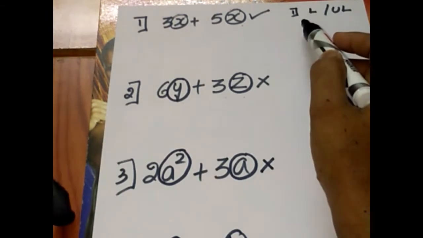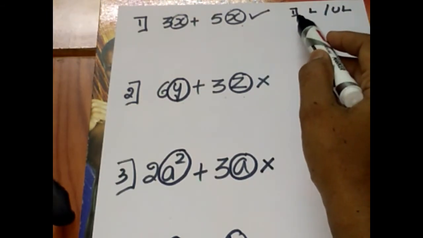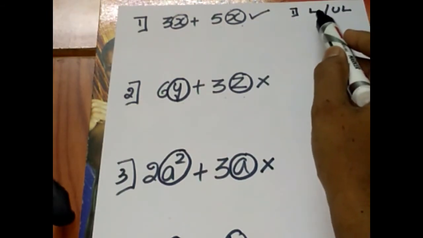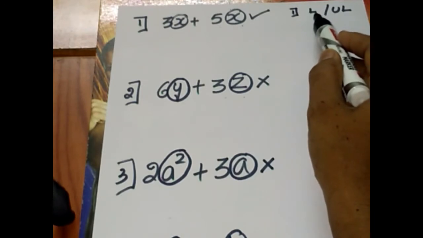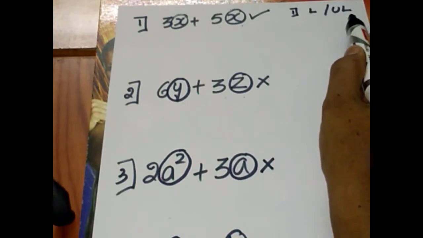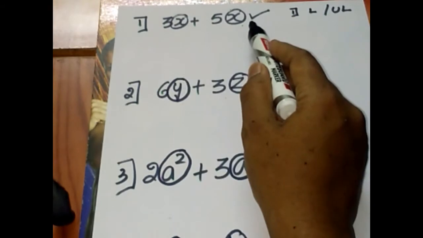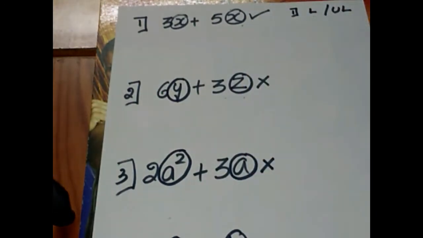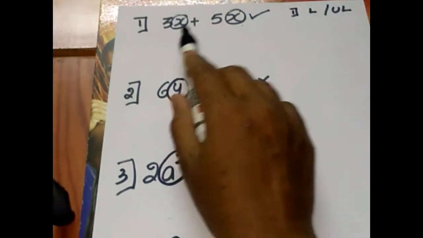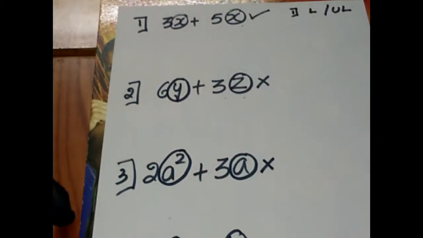So the first step, before doing addition: identify whether the given terms are like terms or unlike terms. What marking I have done here is only to make you understand, children. Don't do all these markings in your classwork or textbook. It is only for your better understanding.